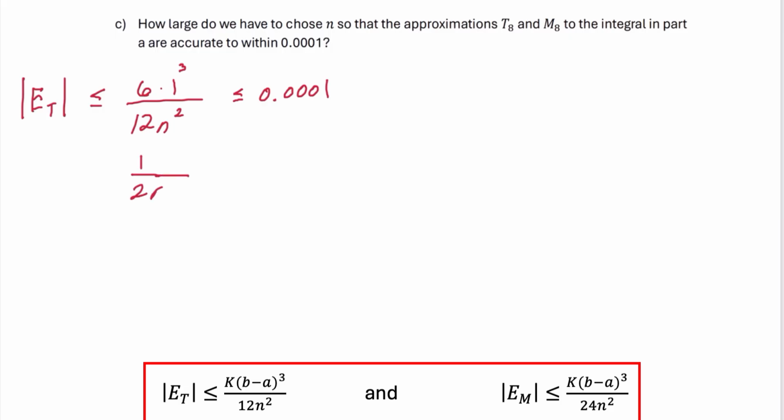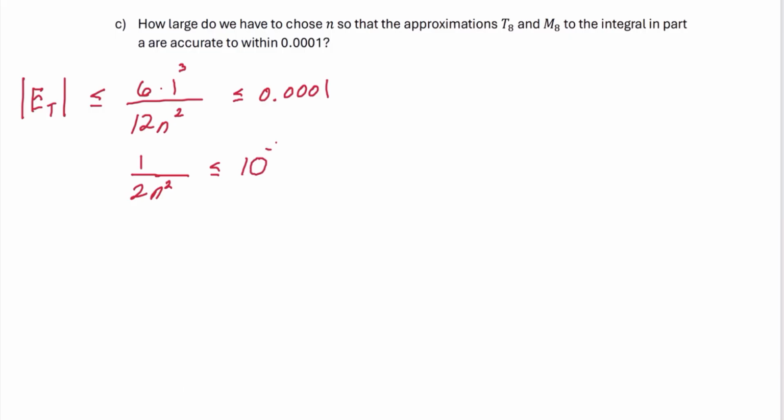And then n squared is still in the denominator. I'm going to write the right side as an exponent, 10 to the negative 4. We can think of that as 1 divided by 2n squared less than or equal to 1 divided by 10 to the 4th.